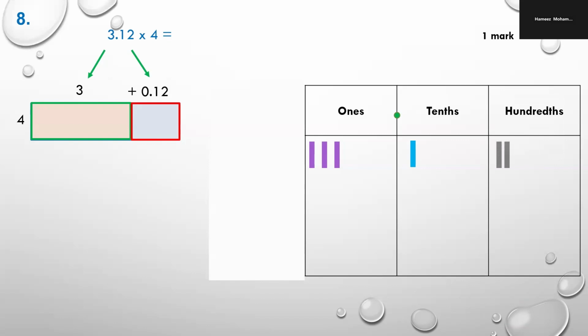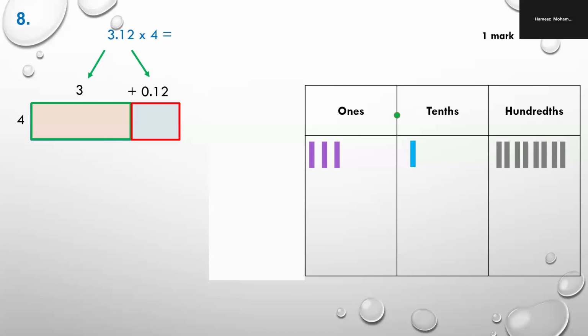So if we want to multiply that by 4, we have one pair, and we add a second pair, and a third pair in the hundredths column, and a fourth pair. So what do we have? 1, 2, 3, 4, 5, 6, 7, 8. 4 twos are 8 hundredths.